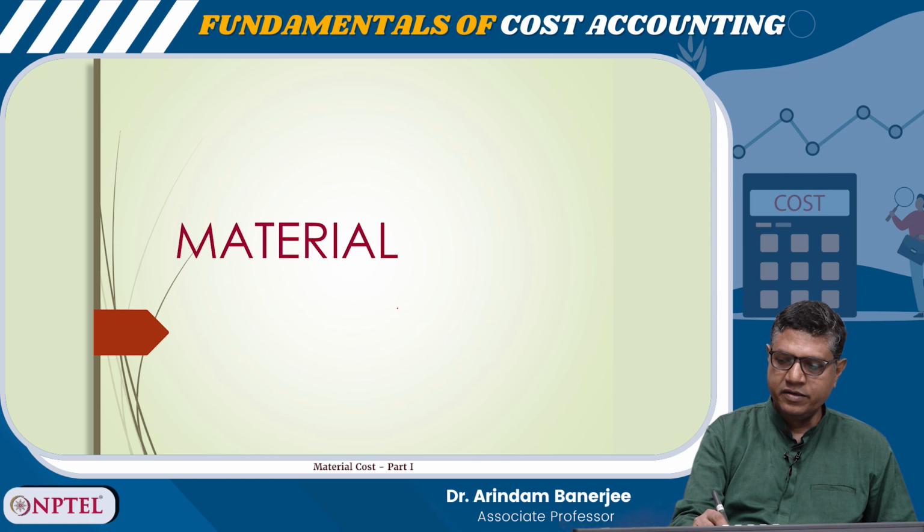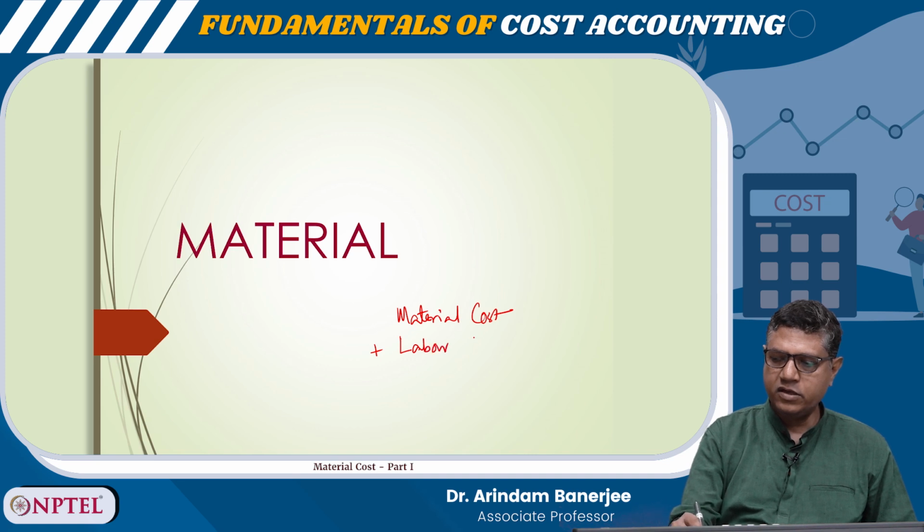Today we will start a new chapter which is based on material costing. So, material, as you know, is a part of prime cost, right? So, basically, when you calculate the prime cost, we add material cost plus labor cost, right?